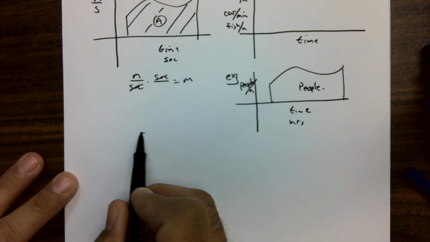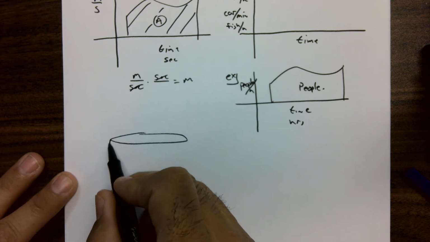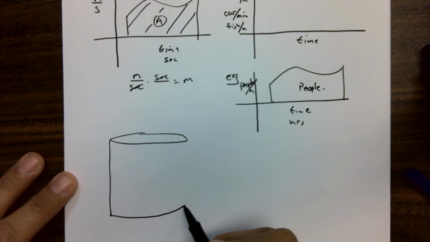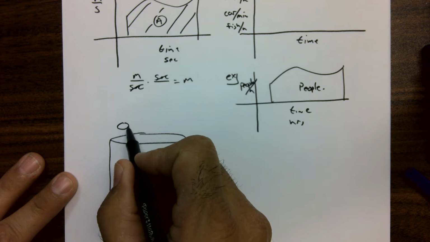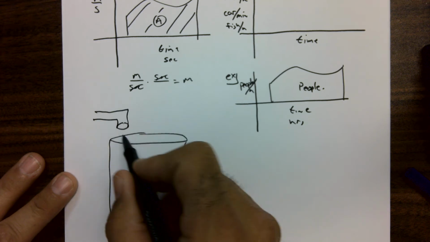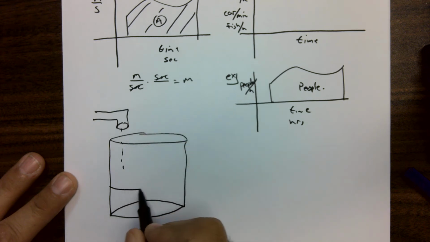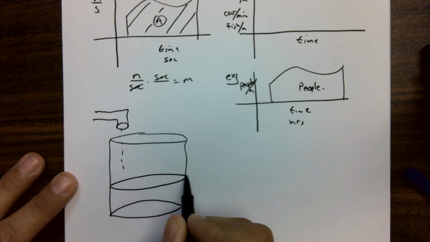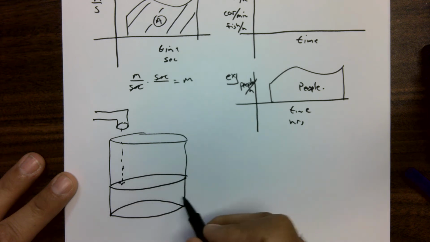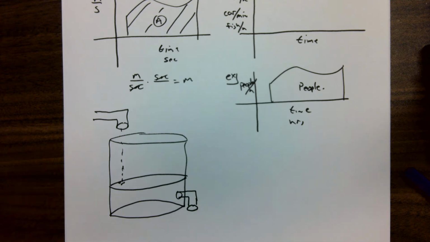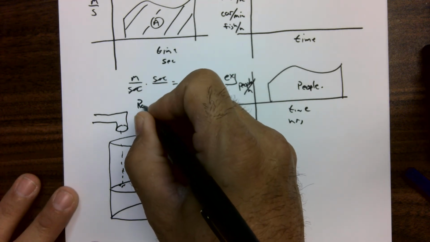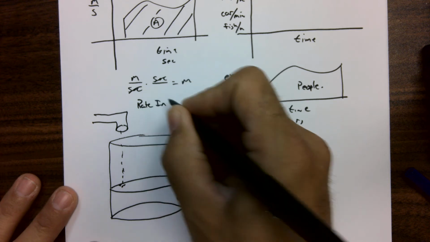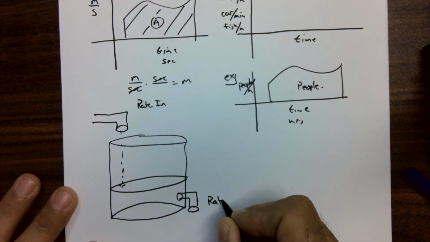Okay, now on these rate in and rate out problems, here's what the bigger picture is going to look like. Let's say you have this barrel here, or this bowl, or whatever you want to call it, and you're going to have stuff going in, and it comes down here, and you're going to have stuff going out. And this is going to be your rate in, and this is going to be your rate out.